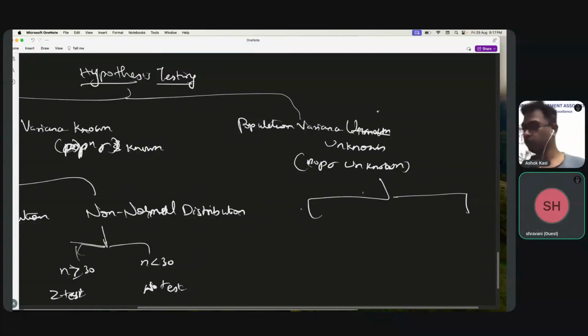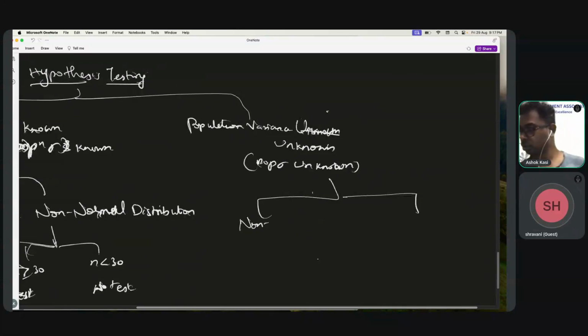Then here also population variance unknown, normal distribution, and non-normal distribution.